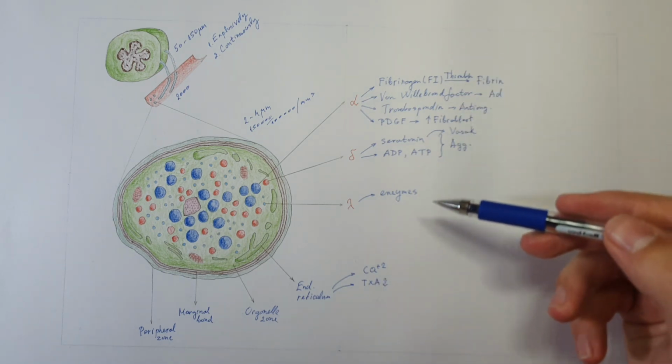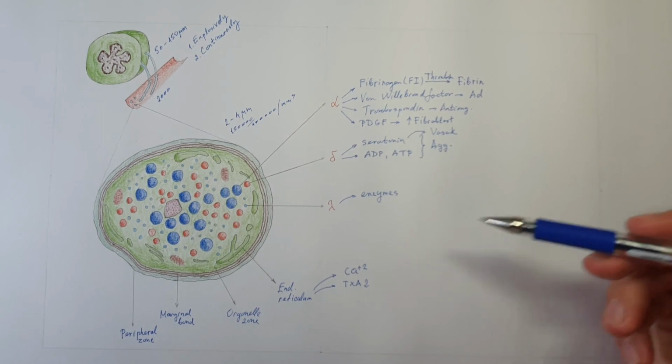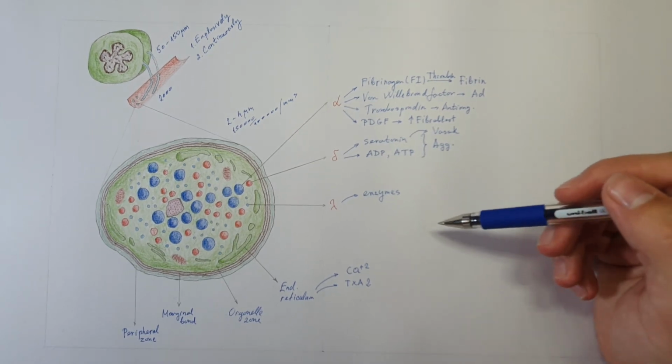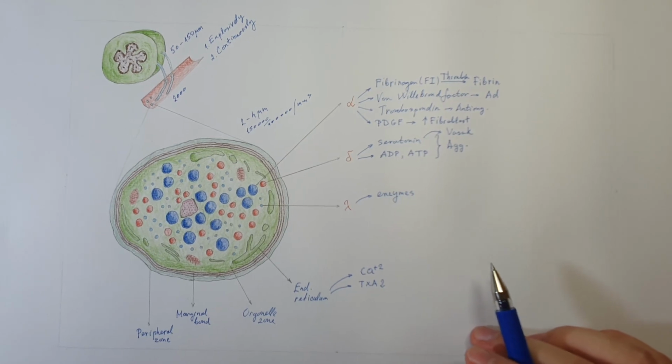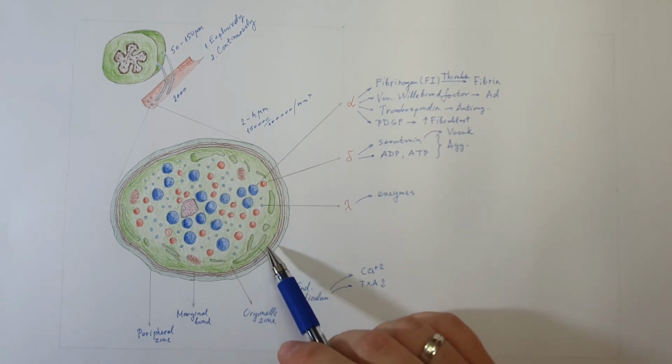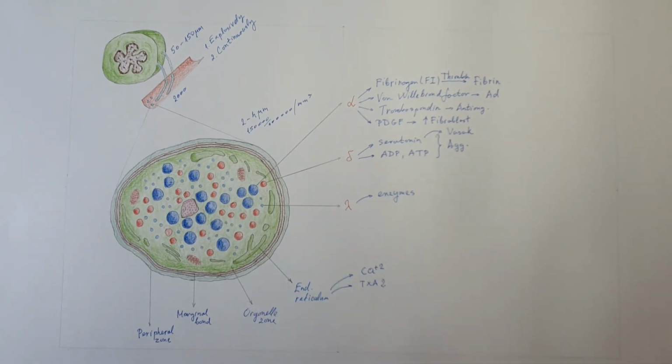All these molecules together function in the formation of a clot and stopping the blood going out from the blood vessels into the tissue, which is the primary function of thrombocytes. So if there is a damaged endothelial wall, the thrombocyte will be activated through the glycoproteins in its periphery zone.